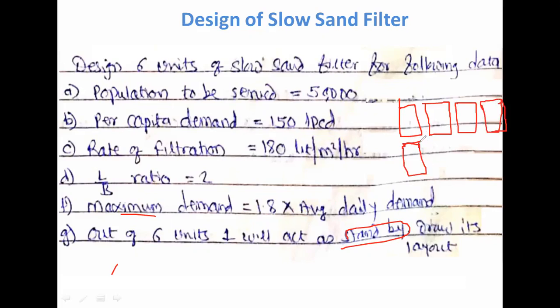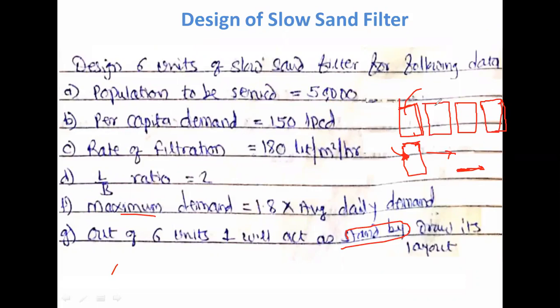Whenever there is a problem in any one filter, at that time this standby filter will be taken into action, so that there will not be any problem to the continuous supply of the water. जेवढा आपला डिझाईन डिस्चार्ज आहे त्याप्रमाणे तो कंटिन्यूस त्या ठिकाणी झाला पाहिजे. किंवा एखादा फिल्टर मेंटेनन्स मध्ये आहे, आपल्याला त्याचं क्लिनिंग वगैरे करायचं आहे.